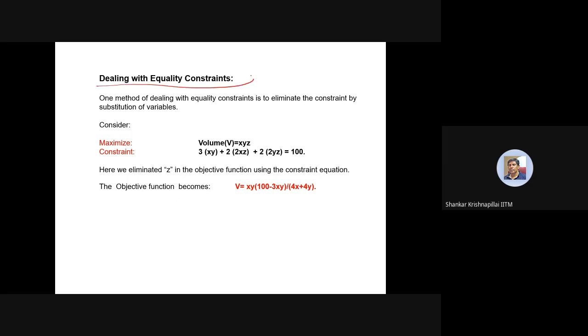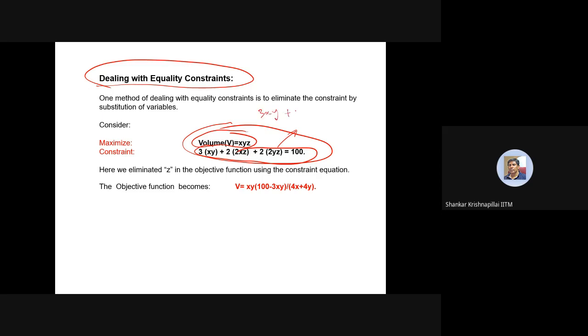So, dealing with equality constraints. In the earlier class, we looked at this problem: minimize this objective function subject to this equality constraint. In this equality constraint, we took z to one side and xy to the other side. So 3xy plus 2z(4x plus 4y) is equal to 100.